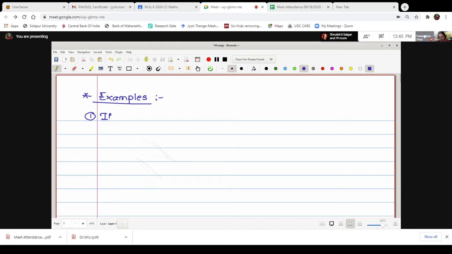The first example we will look at here is: if x and y are any two vectors in a Hilbert space H, then prove that.